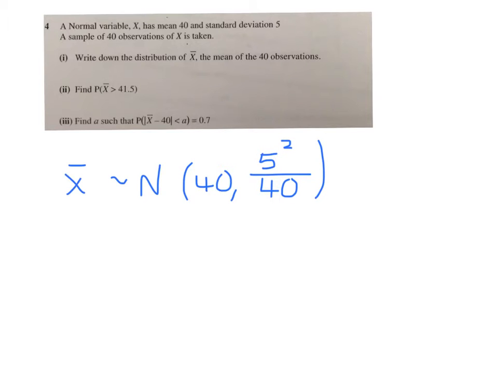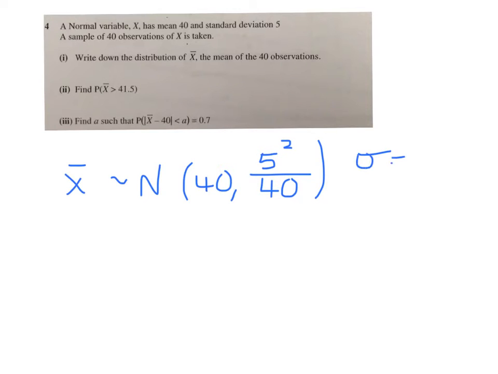So start in part 1 and we write down the distribution. So the distribution will be normal. Our mean is the same, but we have to adjust the standard deviation. So remember, when we're writing in normals, we deal with variance. So variance would be 5 squared, and we divide by the number of observations.